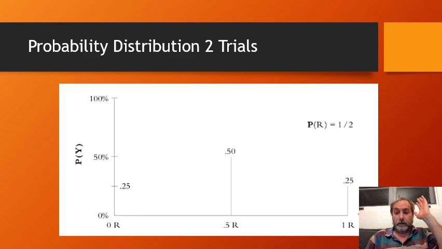The y-axis there is the probability, and the x-axis here is the relative frequency. So saying it all again: the probability of getting a relative frequency of 0.5 Rs is 0.5, the probability of getting a relative frequency of 0 Rs is 0.25, and the probability of getting a relative frequency of Rs of 1, meaning all Rs, is 0.25.